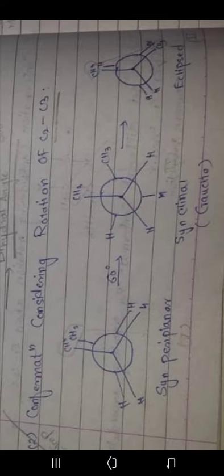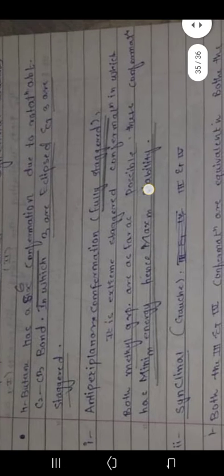Considering rotation about C2 and C3: synperiplanar, synclinal, gauche, anticlinal and antiperiplanar. n-Butane has six conformations due to rotation about the C2-C3 bond, in which some are eclipsed and some staggered.